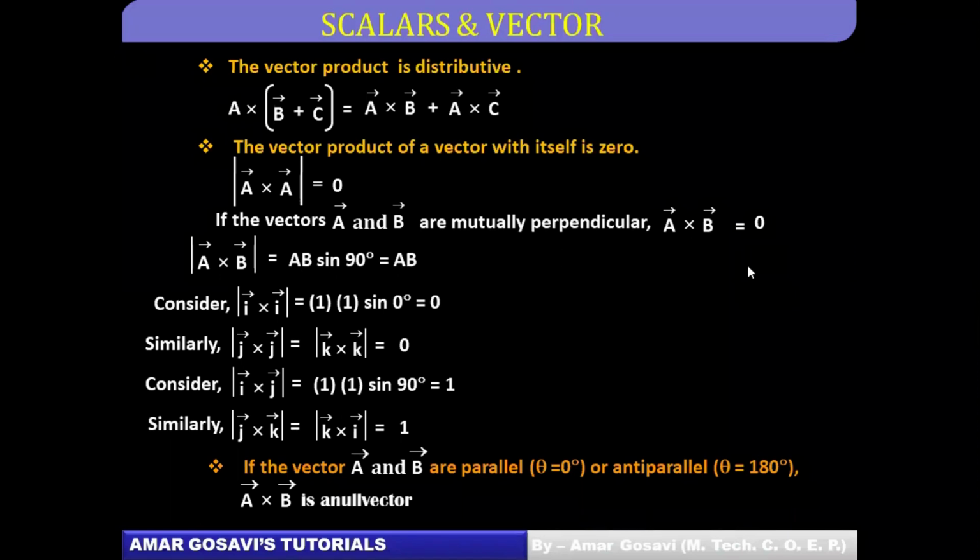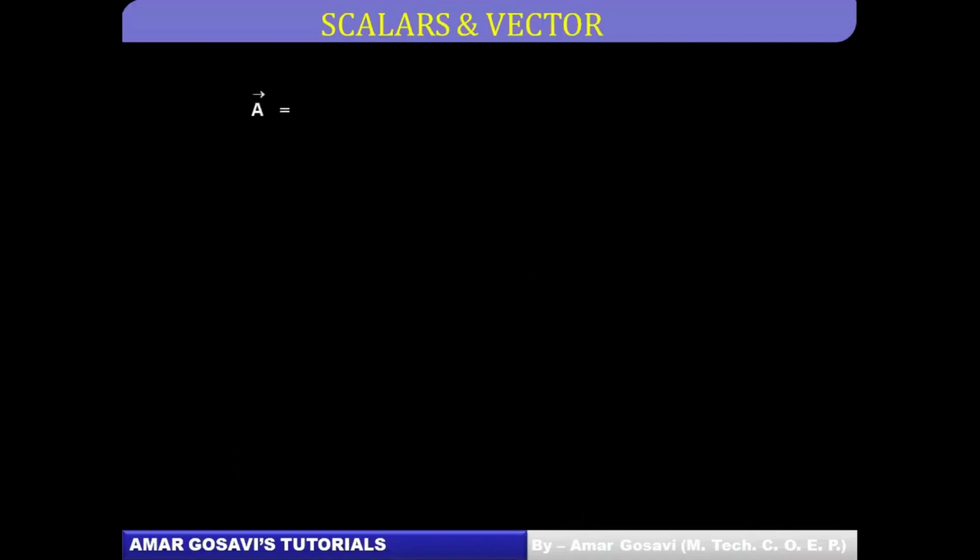Okay, now let's start working on this. Let's proceed further. A bar in 3 dimensions, you can write as Ax i cap plus Ay j cap plus Az k cap. B bar would be given as Bx i cap plus By j cap plus Bz k cap.